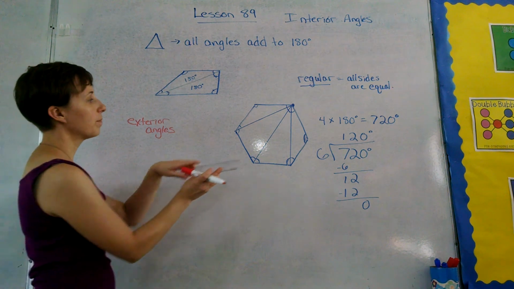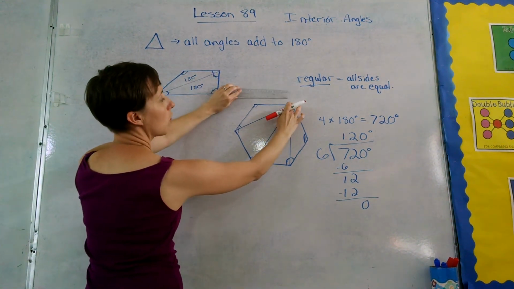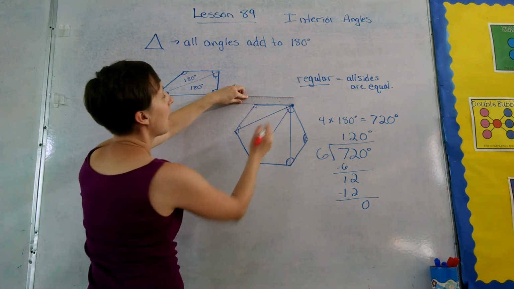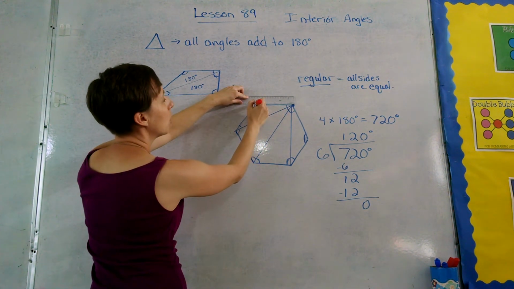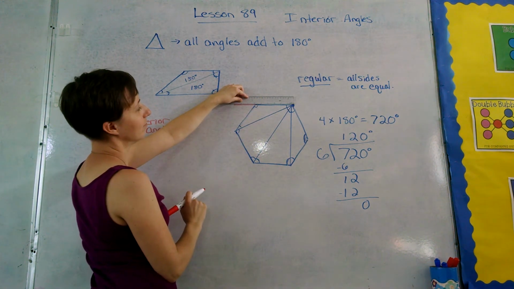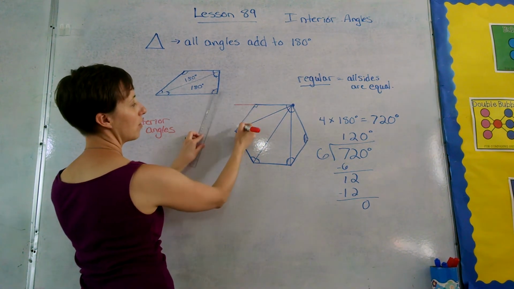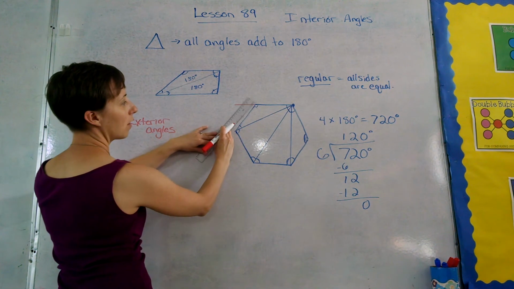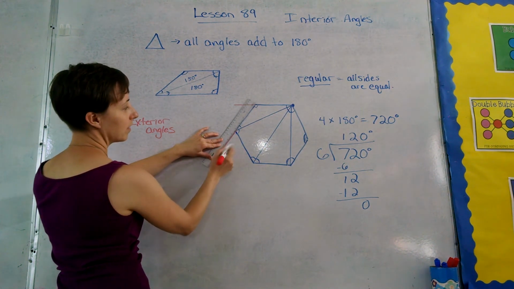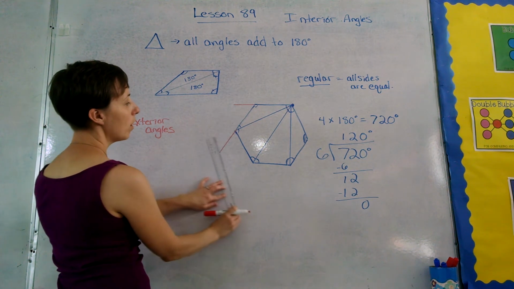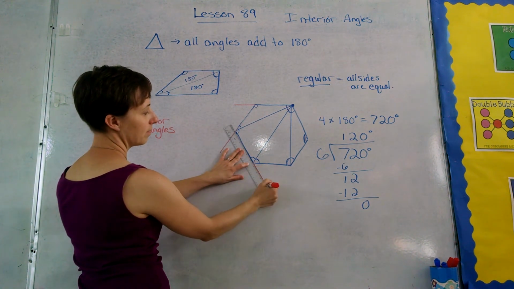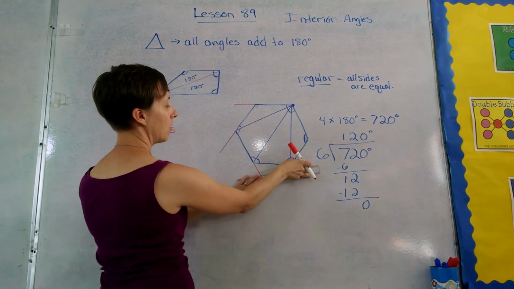If you take your ruler and you take a line that's already there, so here's a side that's already here on my regular hexagon, and if you just keep the line going instead of letting it come down, then you turn, and here we have another side. Put your ruler along the side, and then just keep the line going instead of turning. What I'm creating are exterior angles.